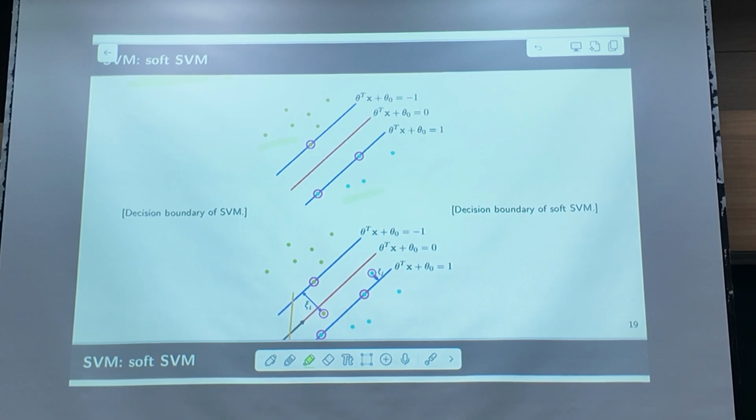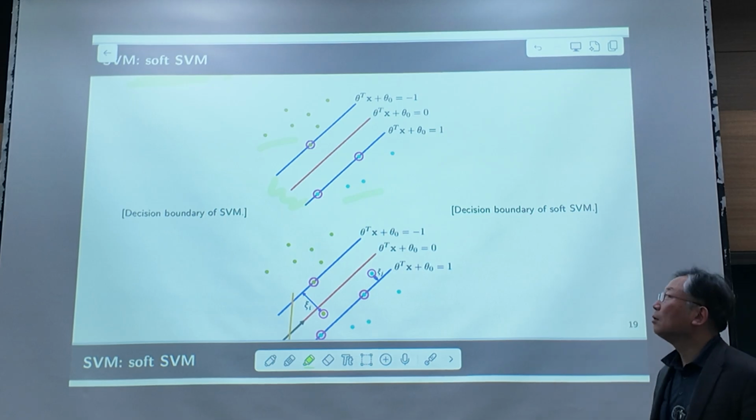You got a decision boundary, and you got this road. And you want to make that road as wide as possible. And you can see the support vectors are on the edge of the road.